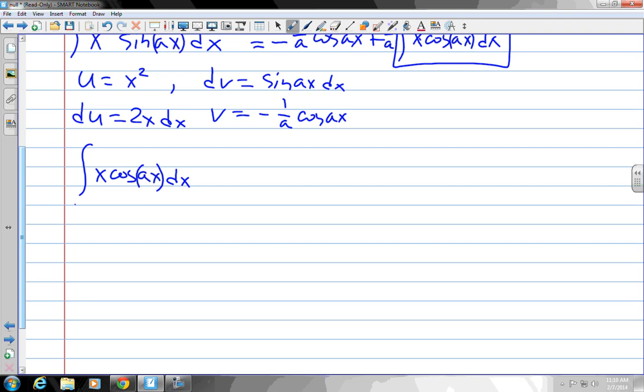So what is u here? x, so du is dx. So what is dv? Whatever's left, so it's cosine ax dx. So v is 1 over a sine of ax. Right?